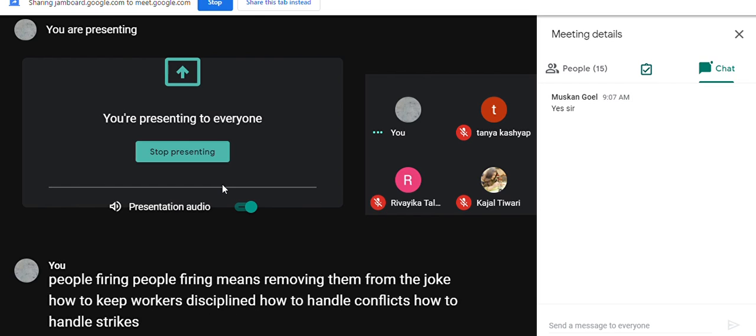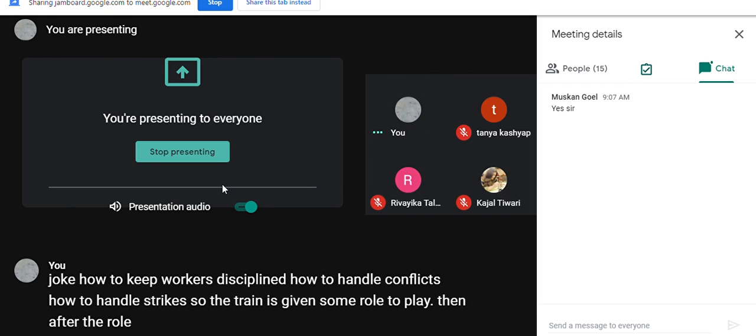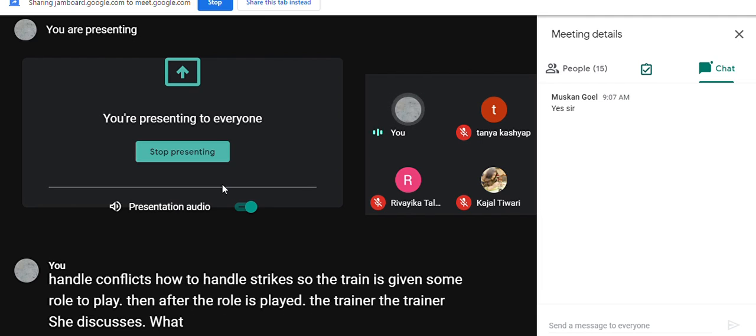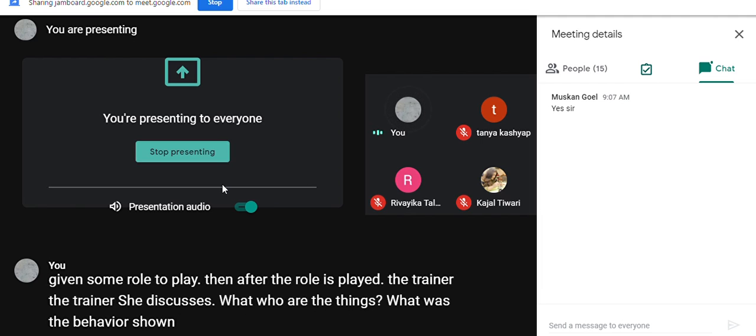So the trainee is given some role to play. Then after the role is played, the trainer discusses what were the things, what was the behavior shown by the trainee.